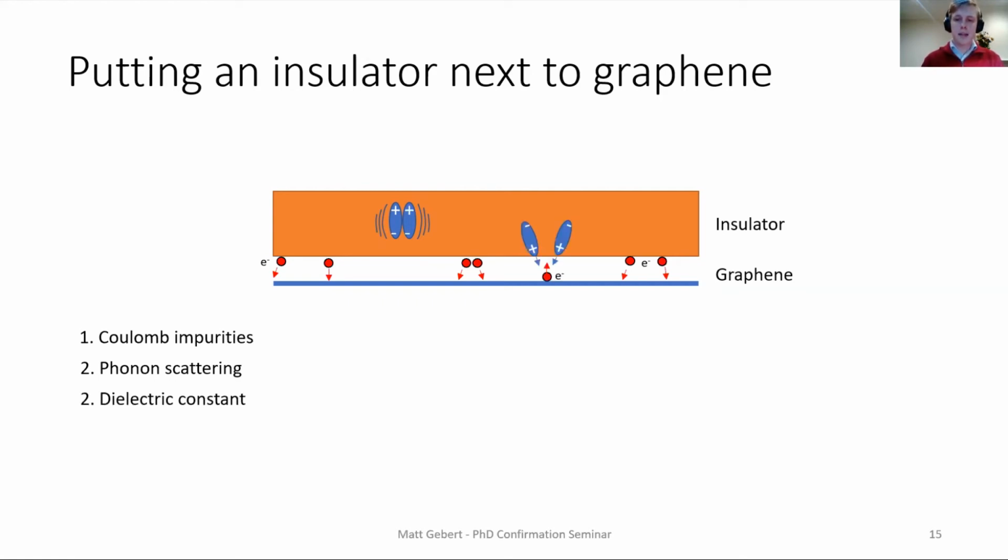And lastly, the nature of a dielectric material means it can screen out impurities nearby. These polar molecules that form the dielectrics can adjust to screen local impurities. And so I've been working to analyze the net behavior of all these phenomena for a particular oxide material that we've put onto graphene called gallium oxide.